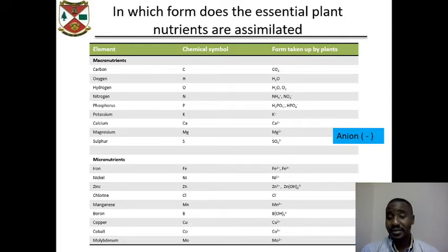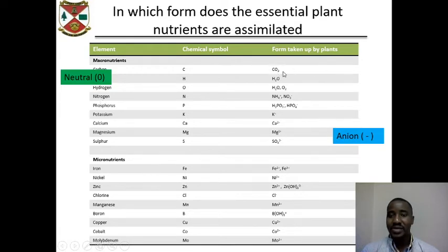Anion means negatively charged species, okay? And some of these plant essential nutrients can be taken up by the plant as neutral or uncharged. That zero denotes an uncharged species, okay?